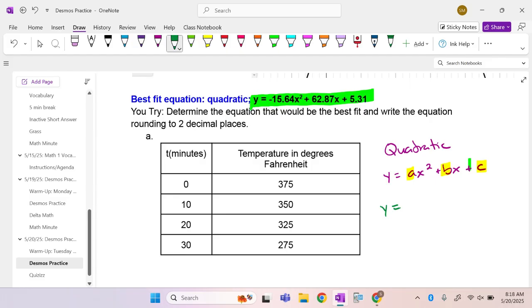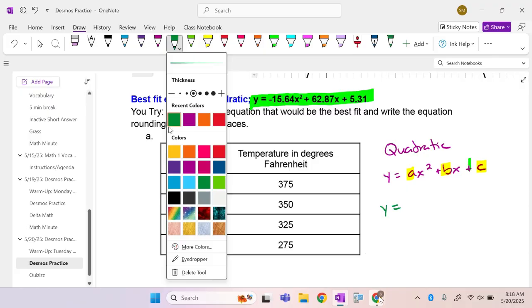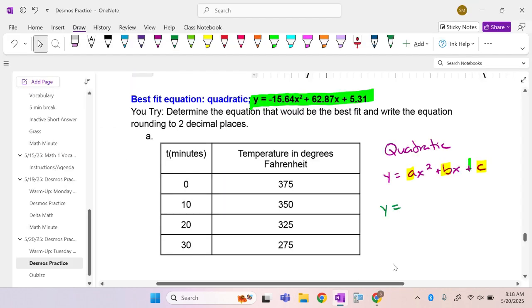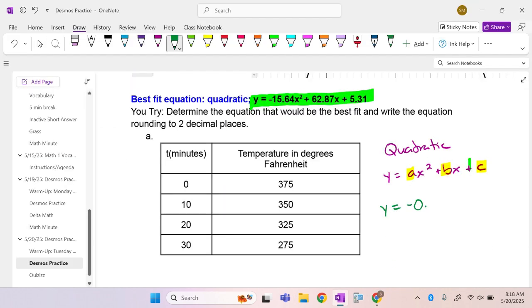So guys, if you round to 2 decimal places for A, what's my A value? It's on your screen. A is equal to what, guys? It's right here. Negative 0.06 x squared.